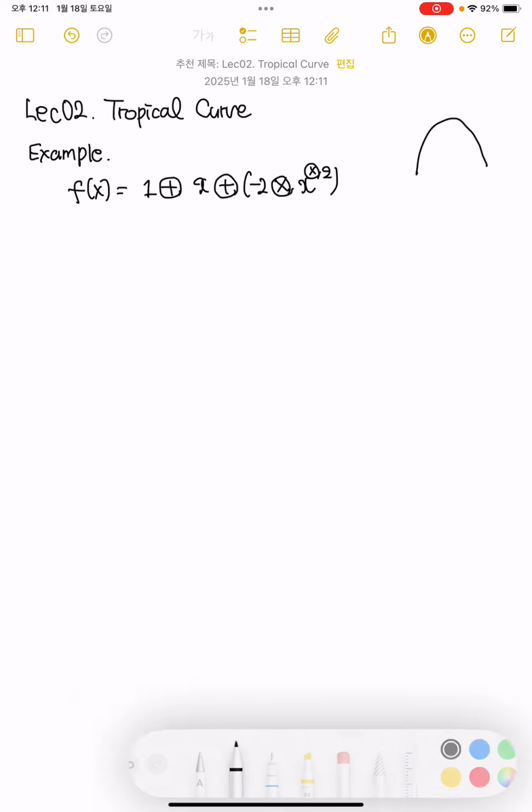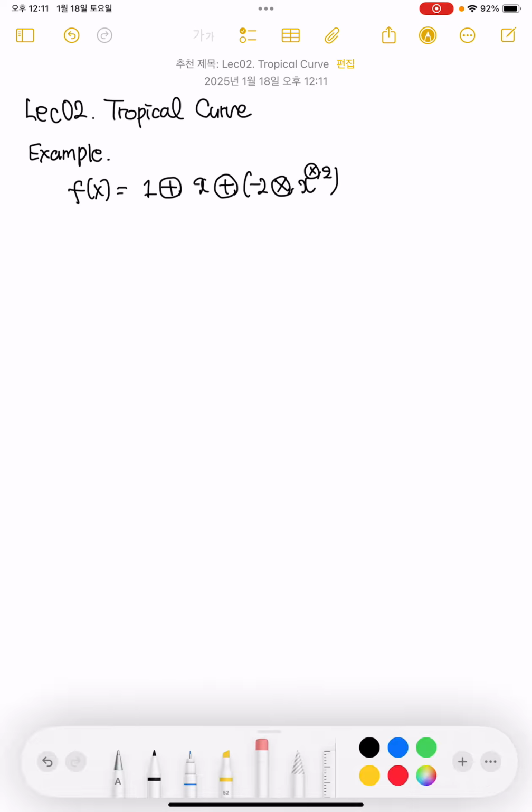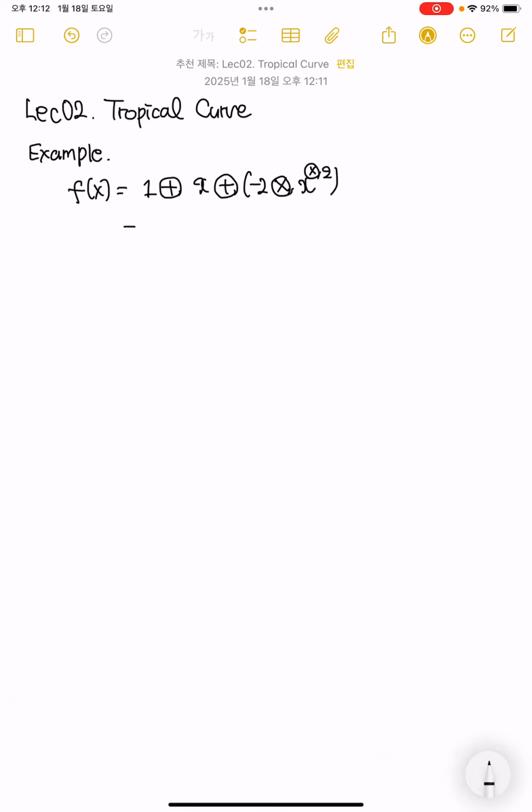We will plot the following graph. Because, as I mentioned in the previous chapter 1, the tropical sum satisfies the associative law, we can first consider writing this.